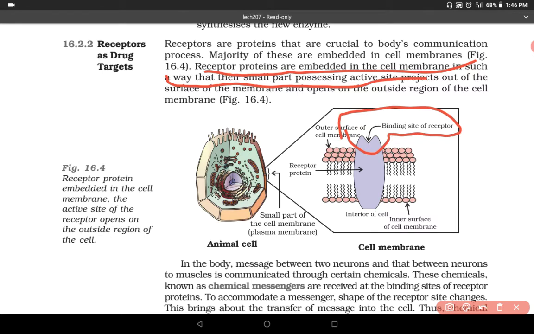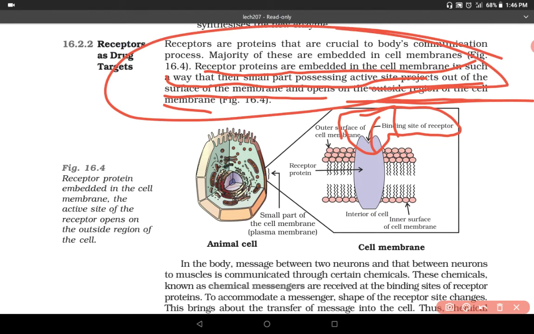It is facing outwards, outside the cell membrane, as given here: this active site is outside the cell membrane.